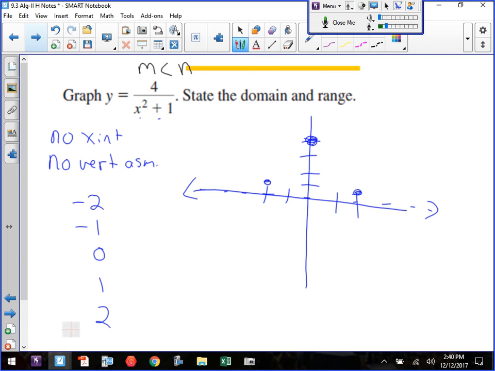What's 1 squared? 1. What's 1 plus 1? 2. What's 4 divided by 2? 2. Not necessarily. Not everything is going to be a hyperbola.